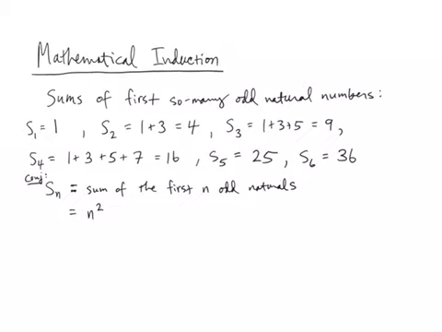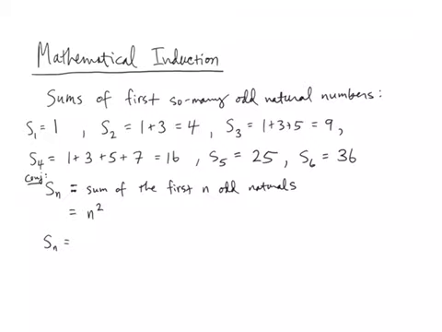Okay, so to proceed, it helps to have some notation for this S sub n. So the first odd number, that's 1, and 1 is 2 minus 1. The second odd number is 3, and that's 4 minus 1, that's 2 times 2 minus 1.